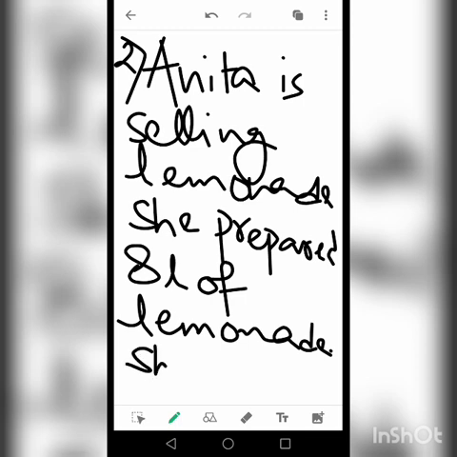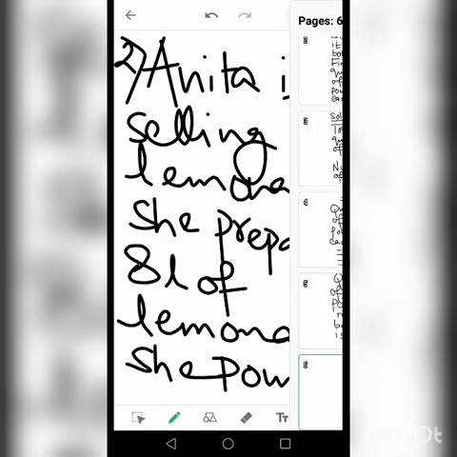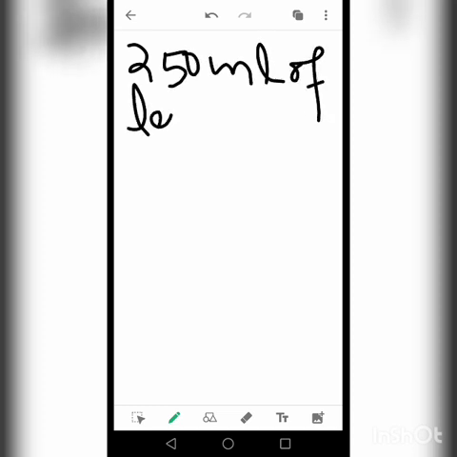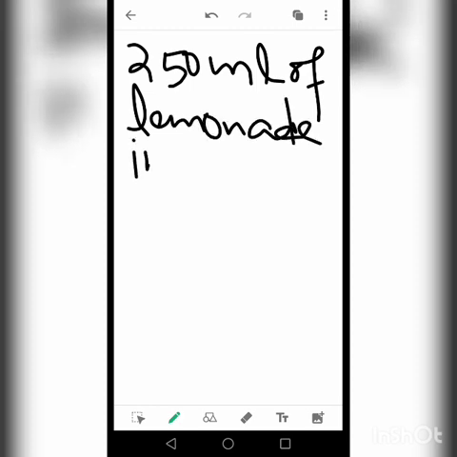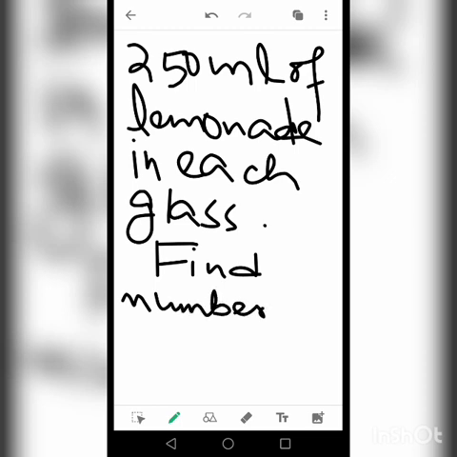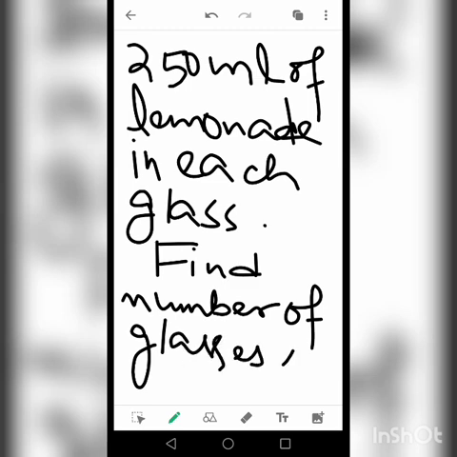She poured 250 ml of lemonade in each glass. Find the number of glasses she sold.